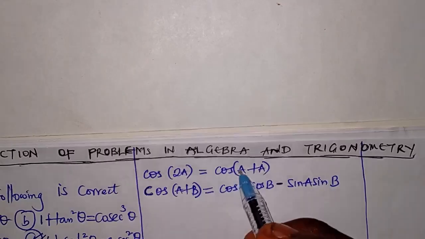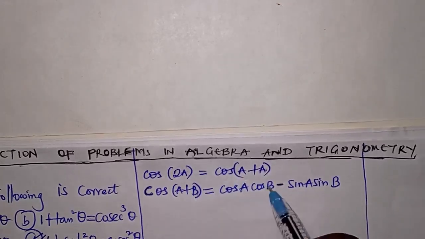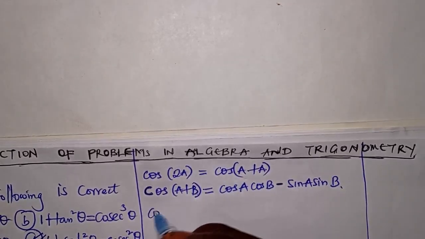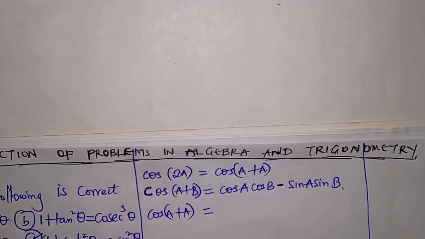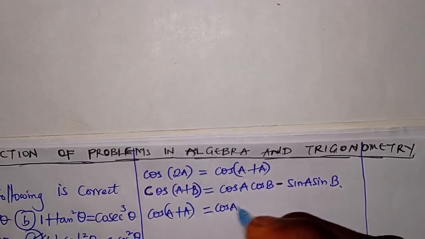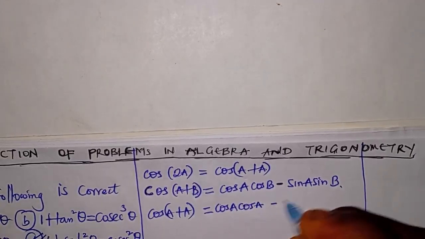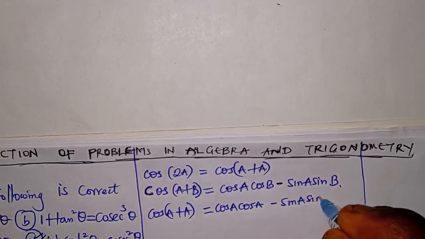So if I'm now using AA instead of AB, the B will now be A. So cos(A plus A) is equal to cos A cos A minus sine A sine A.